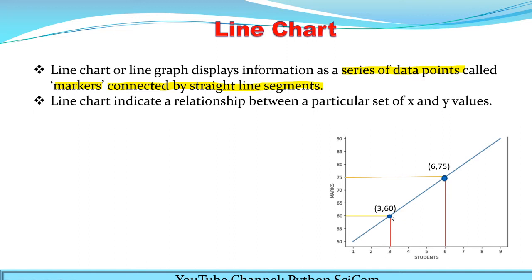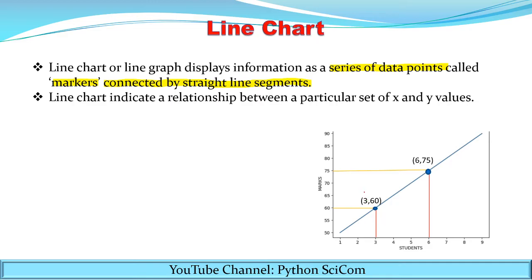The graph contains values along the x-axis and some values along the y-axis. We plot a line with the help of these points. When we join these points, we get the line. Every point contains an x coordinate and a y coordinate. Clear?